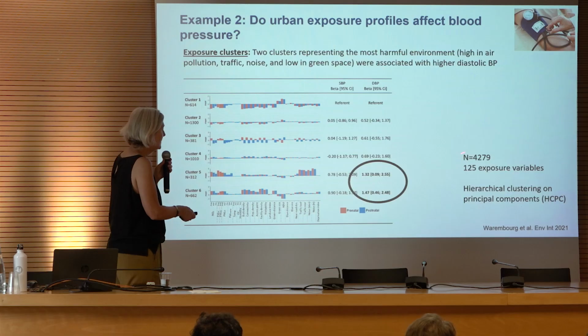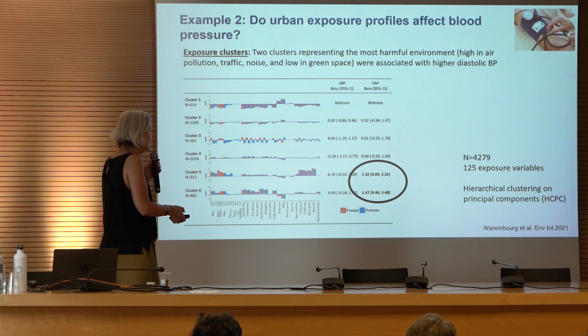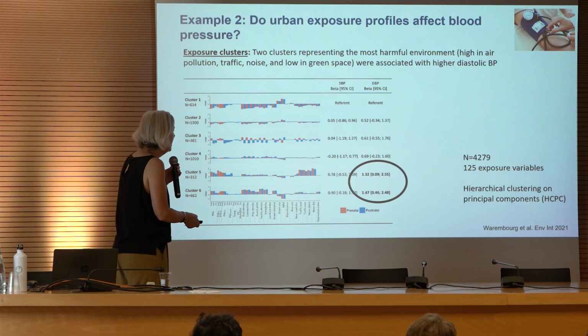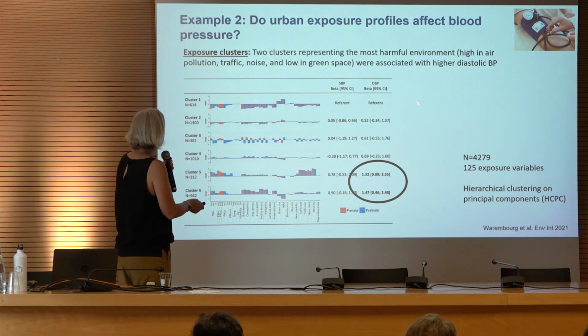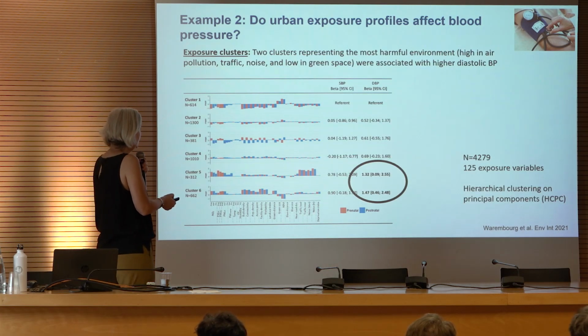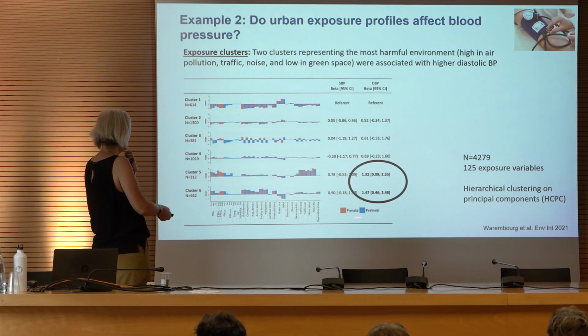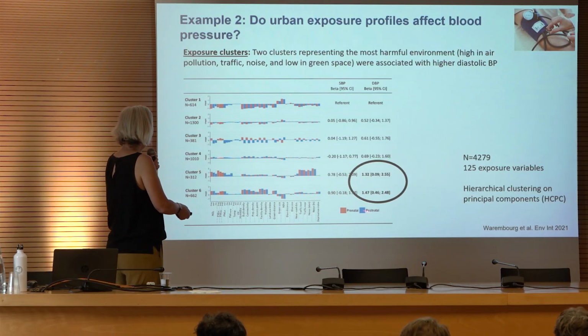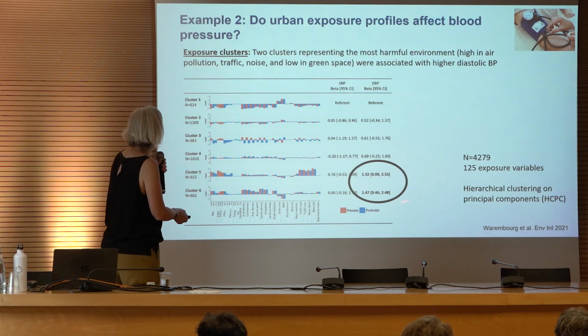The data set here has a larger N because we were able to include more children than in the previous study. And we had here over 100 exposure variables, all related to urban environment exposures. And here in this clustering method, we detected 6 clusters, and the 2 more harmful clusters showed increases, especially in diastolic blood pressure of the children.